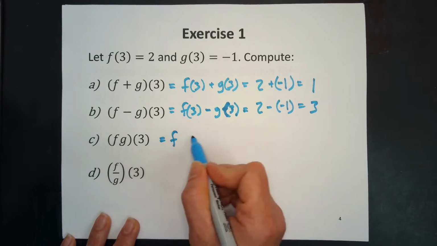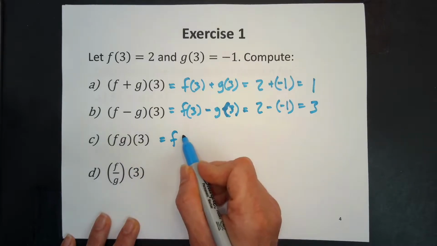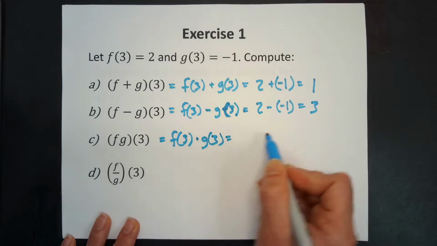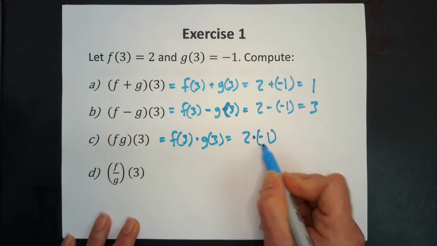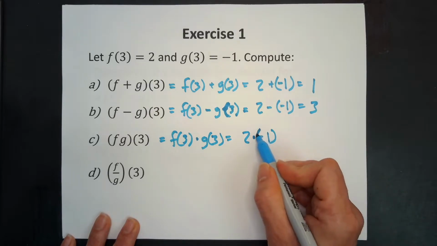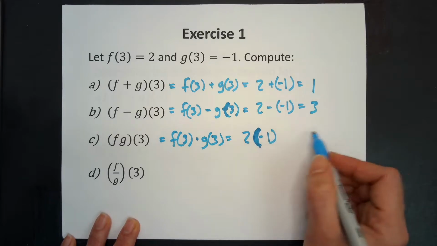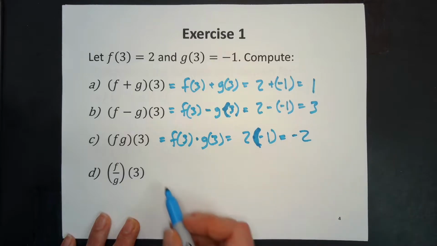Next, we're going to have f times g of 3, so that's f of 3 times g of 3, which is going to be 2 times -1. Once again, good idea to put parentheses in there anyway. If I have parentheses in there, I don't need the multiplication symbol or the dot, and so that's going to give us -2 back out for that.